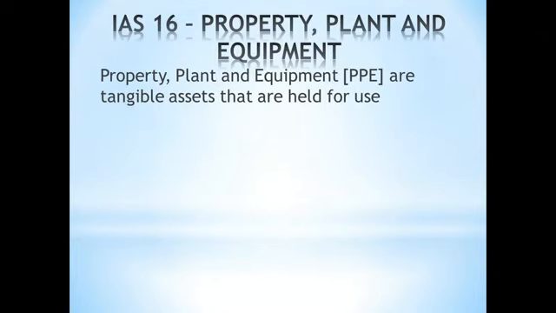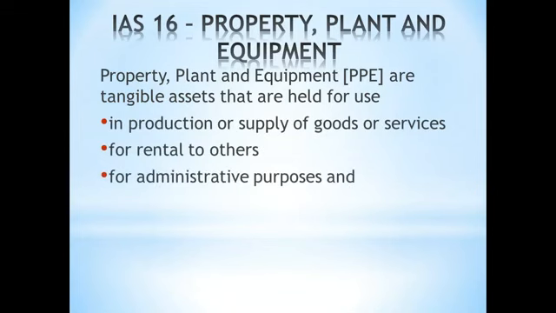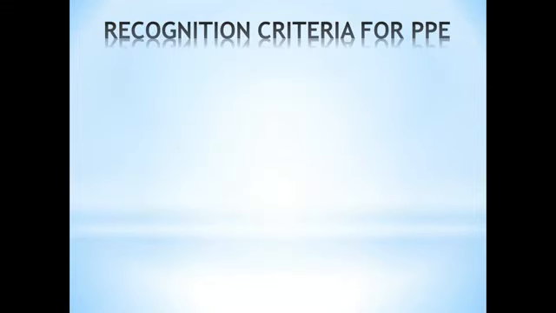And they should be held for use in the production or supply of goods and services, or for rentals to others, or for administrative purposes. And finally, it is expected to be used for more than one period, which makes it a non-current asset.